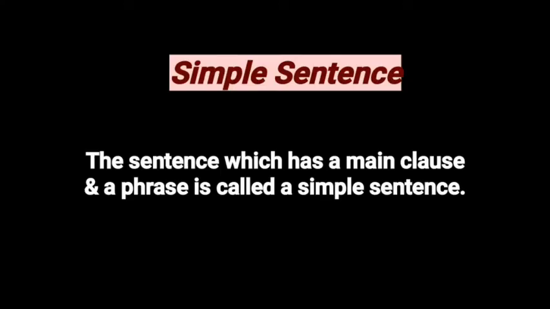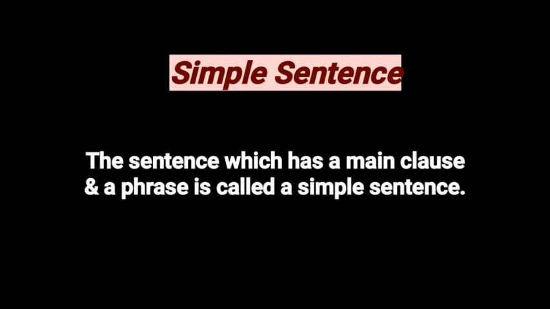Simple sentence. The sentence which has a main clause and phrase is called a simple sentence. We know a simple sentence has only one subject and one predicate, and by itself the meaning of the sentence is complete and no addition is required. A simple sentence also has only one finite verb.